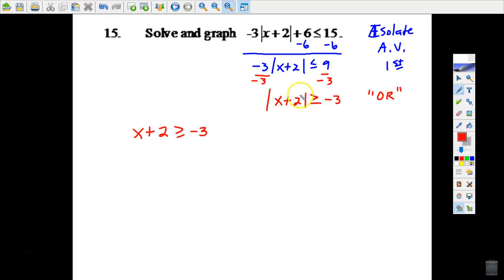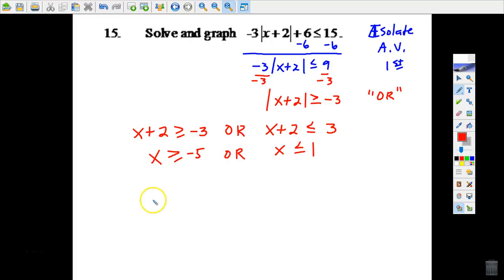Notice nothing changes inside the absolute value when I write the 2 statements. I'm going to let the absolute value be greater than or equal to -3, or I'm going to let that same expression be less than or equal to +3. And I solve for each one. I got greater than or equal to -5, less than or equal to 1.